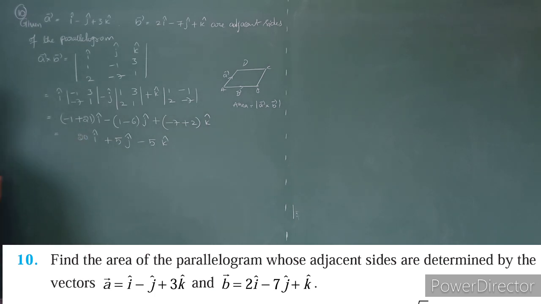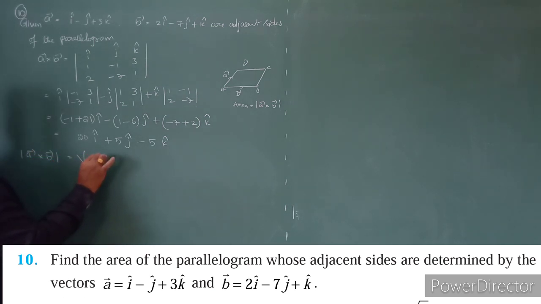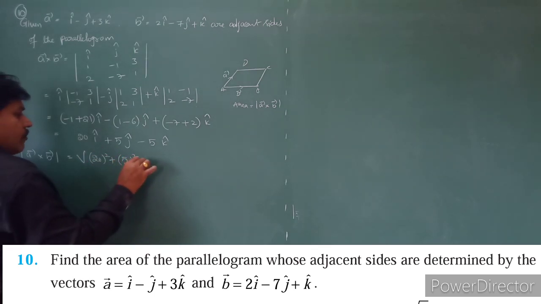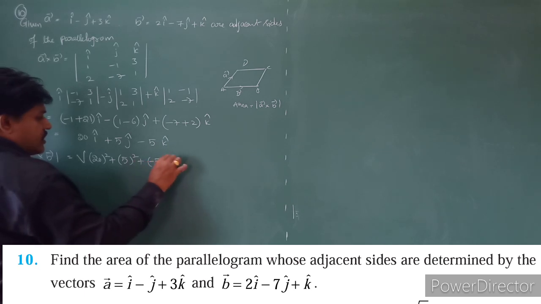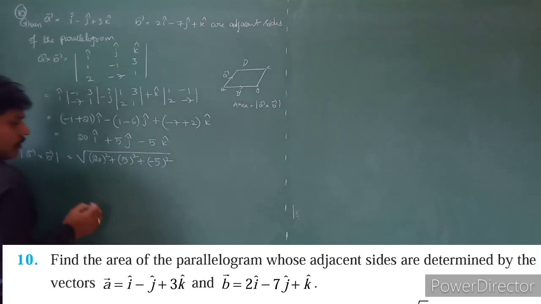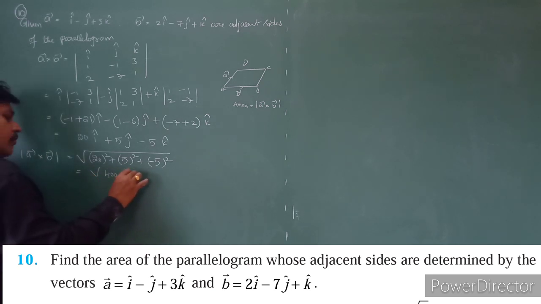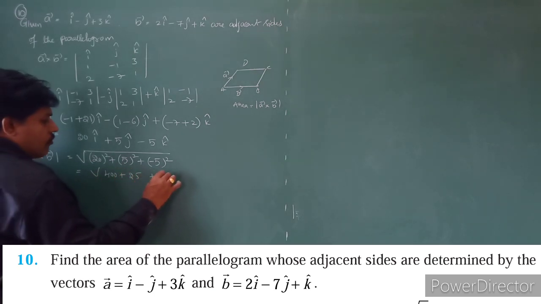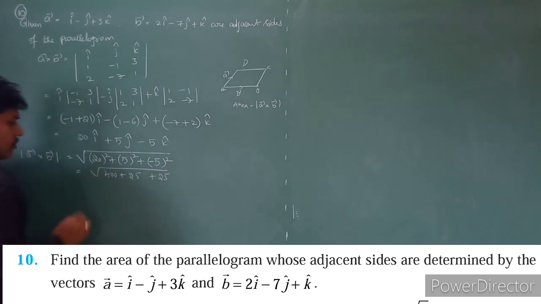So mod a bar cross b bar is equal to square root of 20 whole square plus 5 square plus minus 5 square. So that is equal to square root of 400 plus 25 plus 25. That value is nothing but the square root of 450.